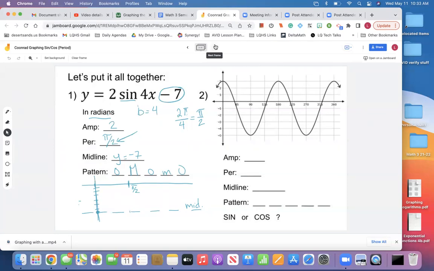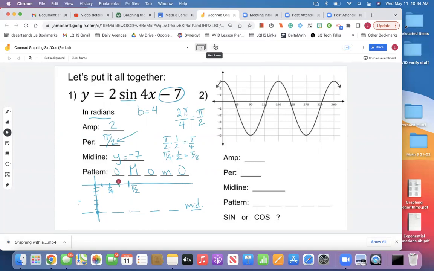So what's half of pi over 2? It's pi over 4. All I'm doing is taking pi over 2 and multiplying by 1/2. And that's how I get pi over 4. And then I take pi over 4 and multiply by 1/2, and I get pi over 8. That's pi over 8. And this is 3 pi over 8.